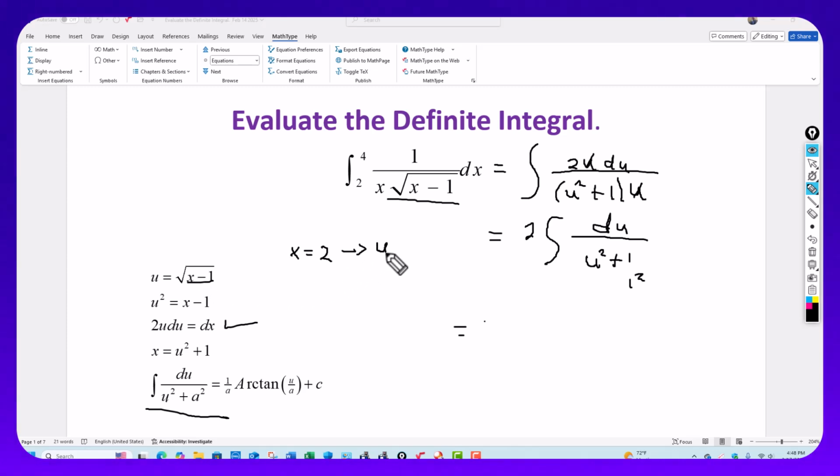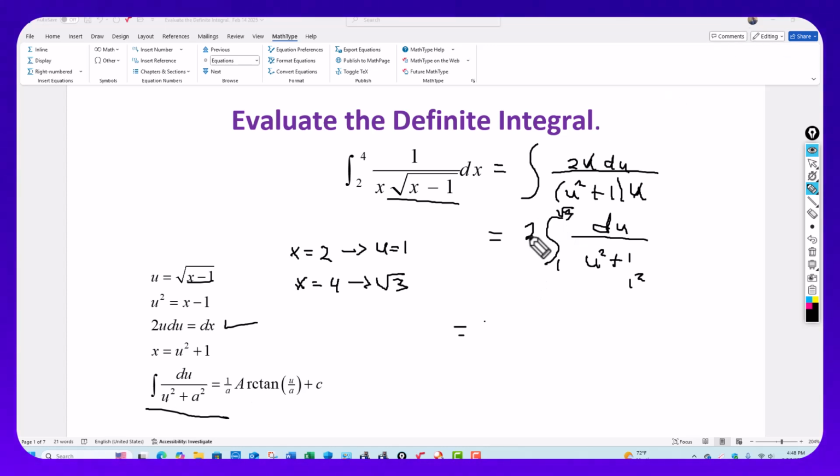That tells me that u equals 1. So this lower limit then is 1. Now for the upper limit, when x is equal to 4, that'd be the square root of 4 minus 1, that's 3. So u is the square root of 3. So the limits of integration would be from 1 to the square root of 3.